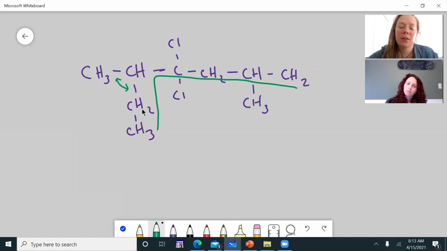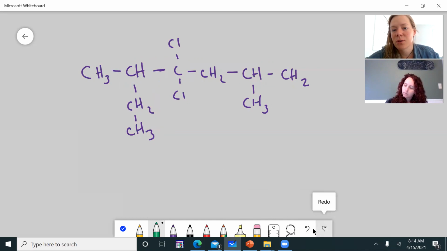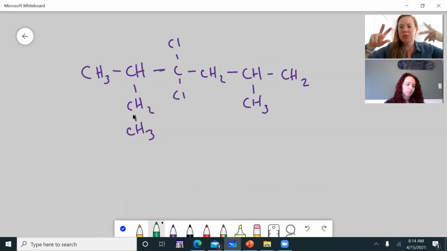So you can even think about these two being over here and this guy pointing down or something, right? So this is the main chain. You guys are going to have to start getting used to seeing these in three-dimensional space where things can rotate, at least they can when they're all single bonded. So that's my longest carbon chain.